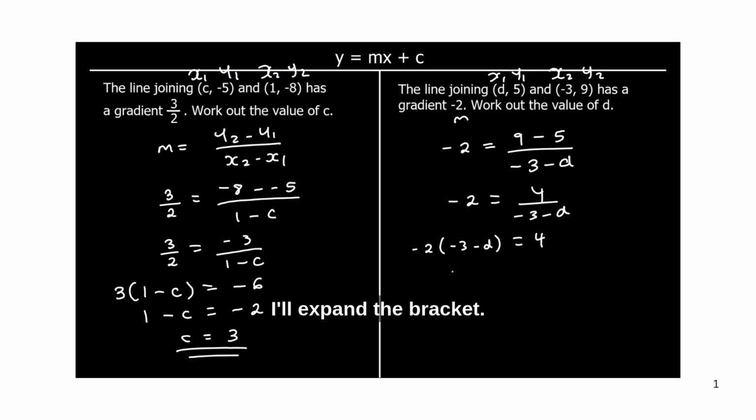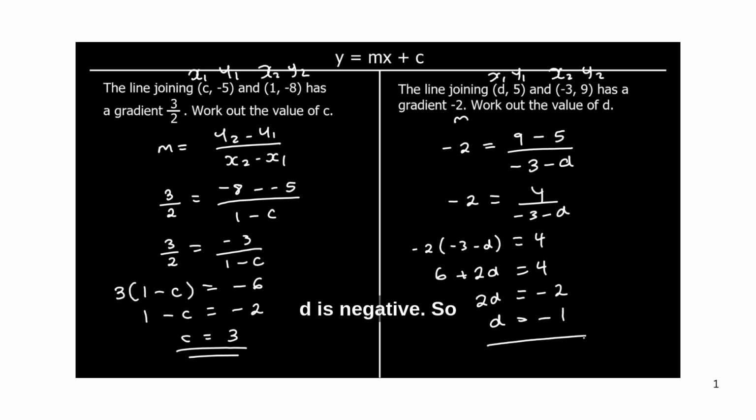I'll expand the bracket and make everything positive. So 6 plus 2d, a negative times a negative is positive. Take away 6 and divide by 2. d is negative 1.